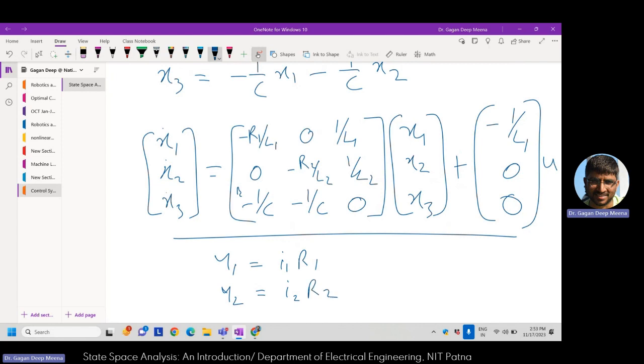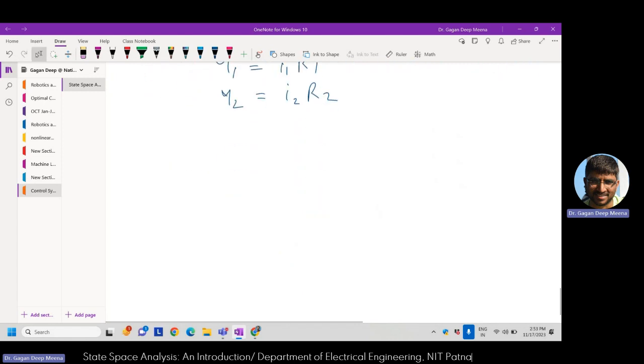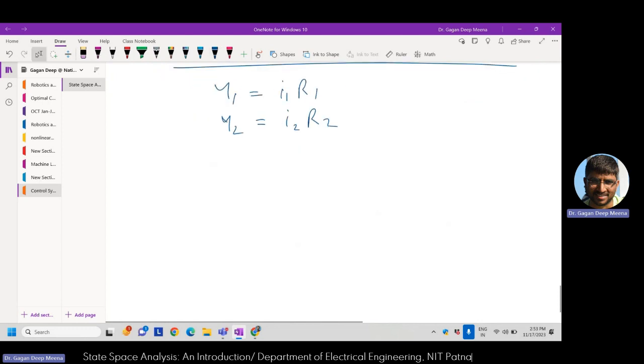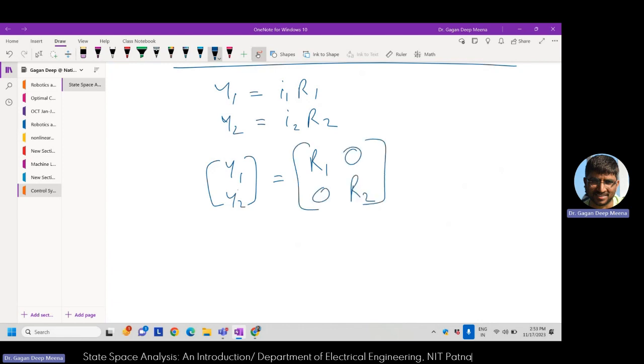So your final output equation in matrix form can be written as the matrix y1, y2 equals the matrix R1, 0, 0, R2, that's your output matrix, times x1, x2.